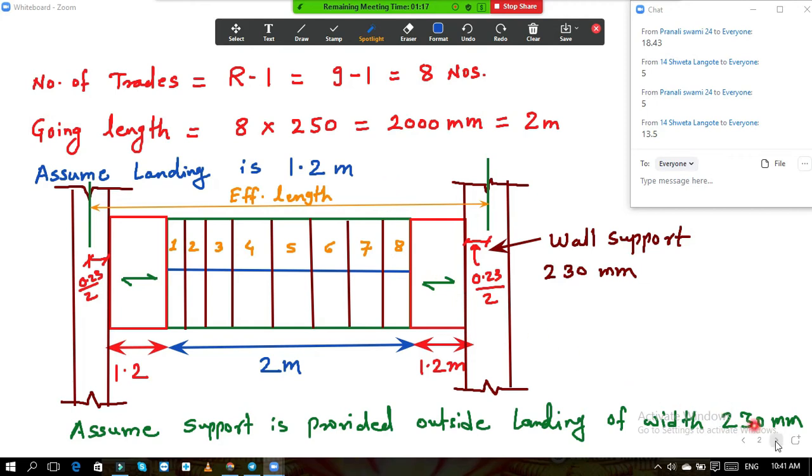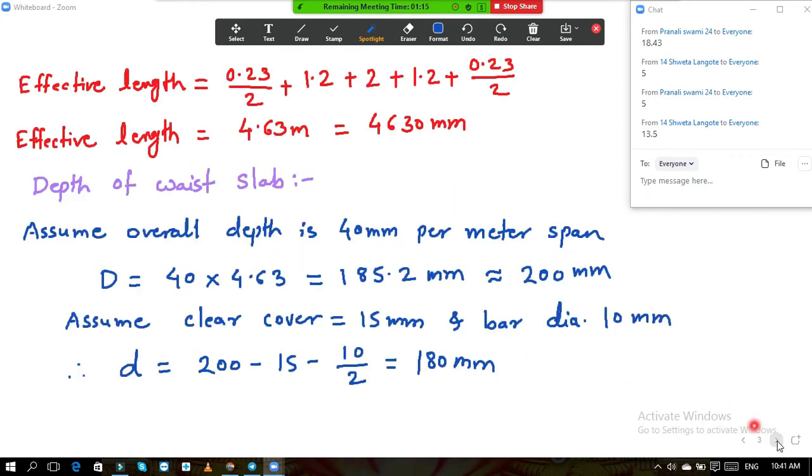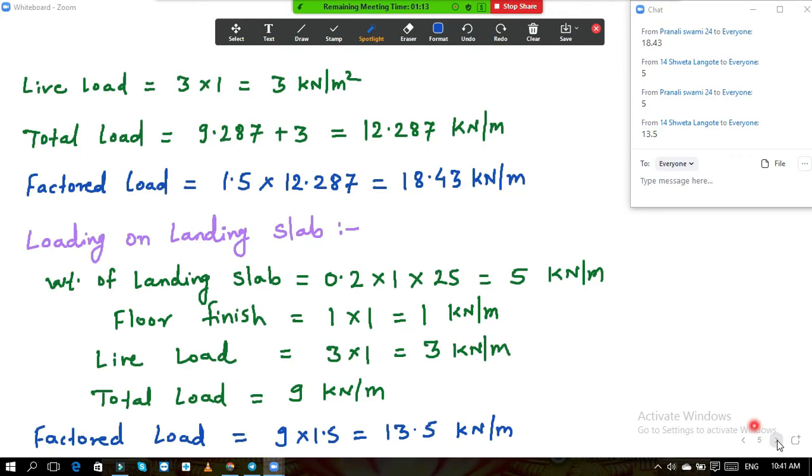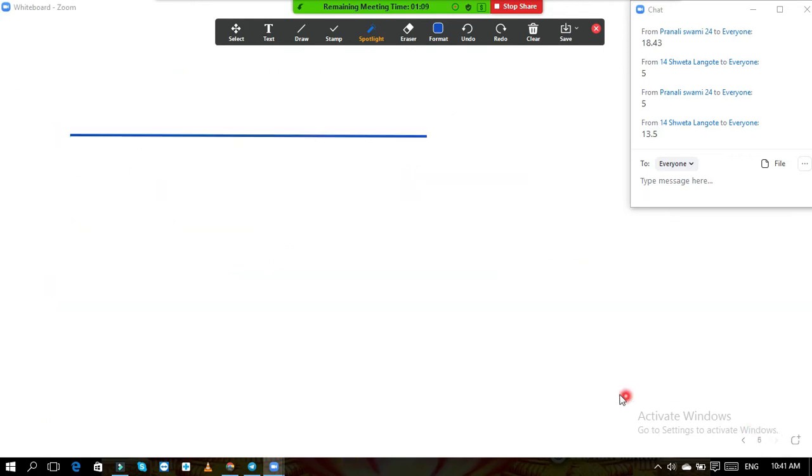Now over here if I draw the diagram, I will first draw the supports. Here is the support. Supports are provided over here, and up to some portion, let us say this portion, UDL is there.